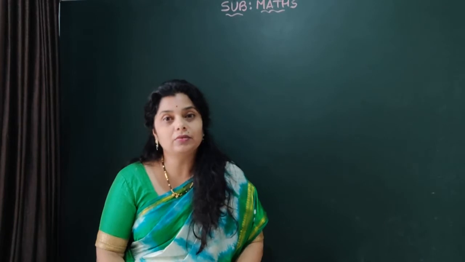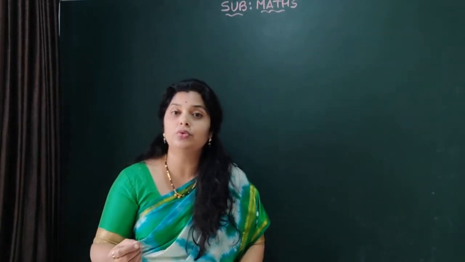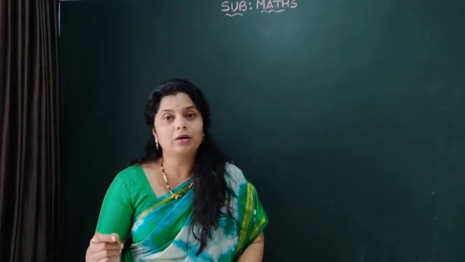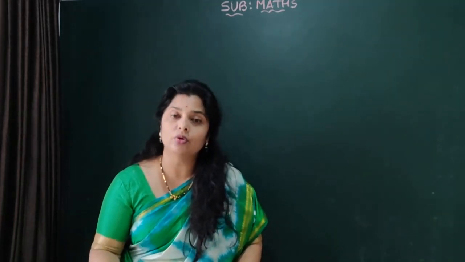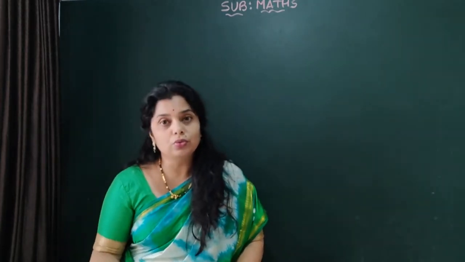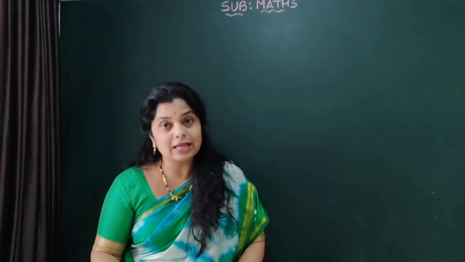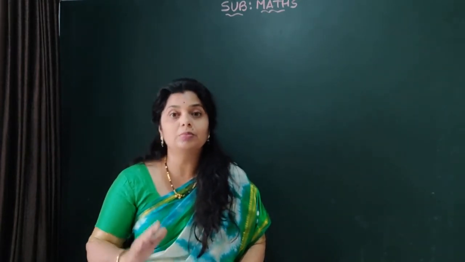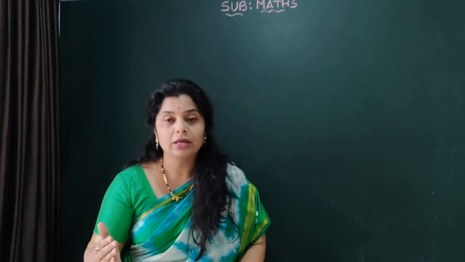And in ninth, whatever you did was to find out the mean, median and mode for ungrouped data. Now we will do for 10th standard the same topic, statistics, but one level higher.